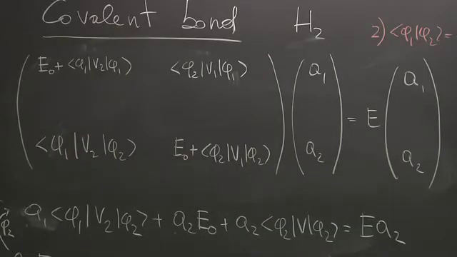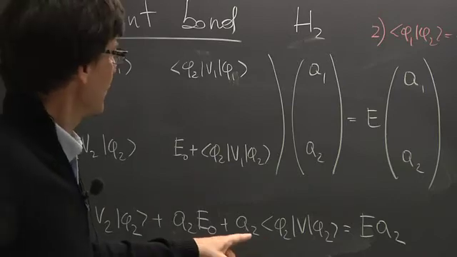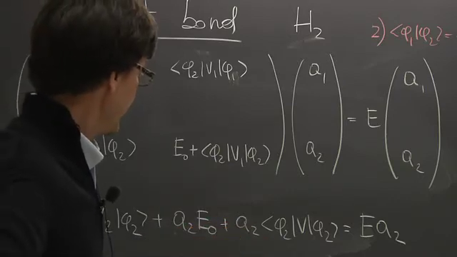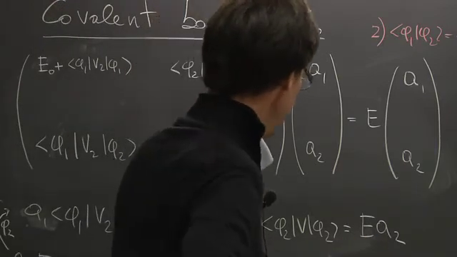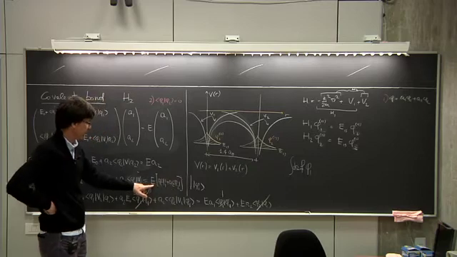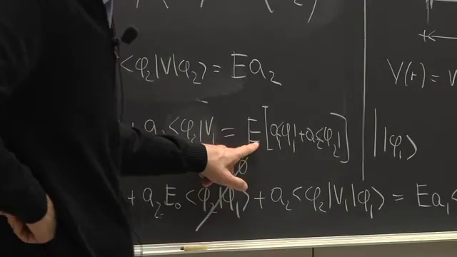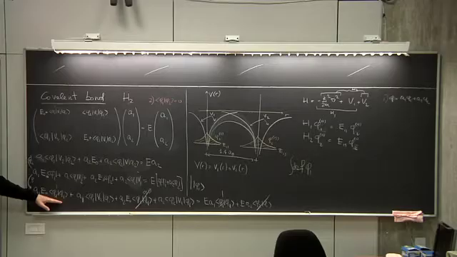Yes? I don't understand how we get E A2. This was the projection of the right-hand side onto phi 2. The bottom line is the projection on phi 1.